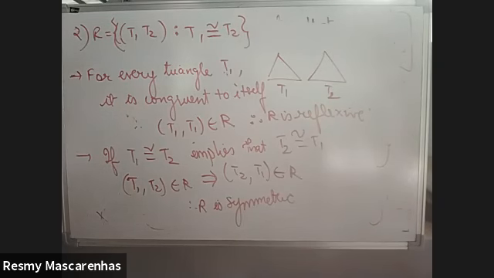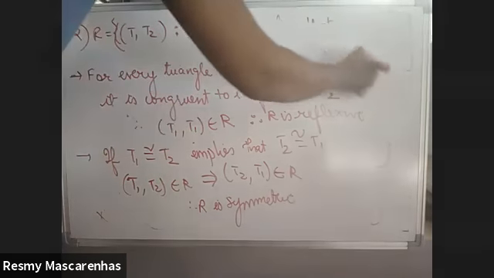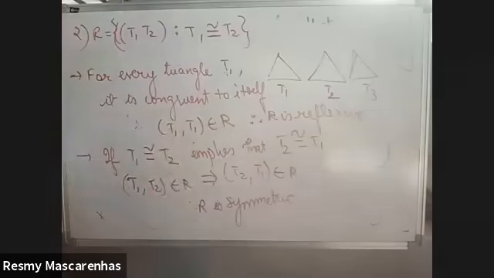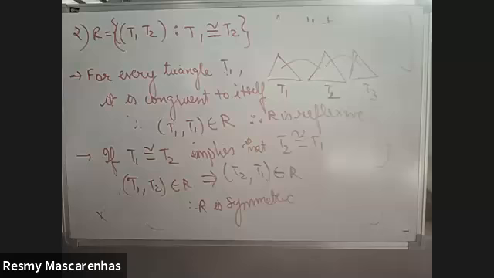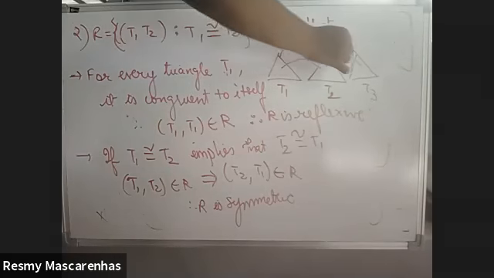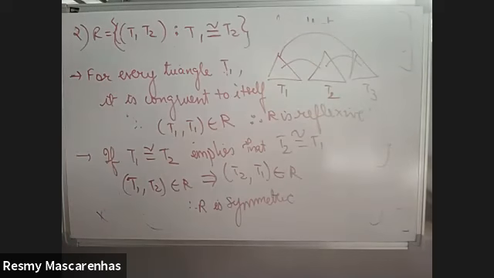And the last one, same. If T1 is congruent to T2 and T2 is congruent to T3, implies that T1 should, okay, if this is equal to this, and the second is equal to the third, then obviously you know that the first is equal to the third.